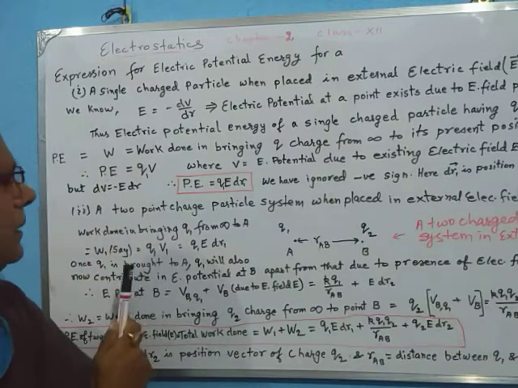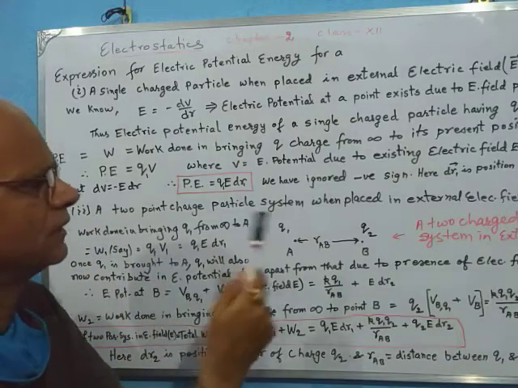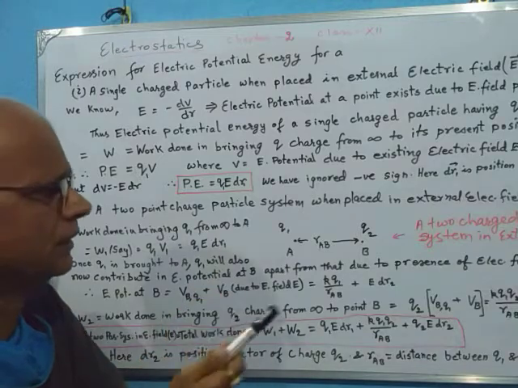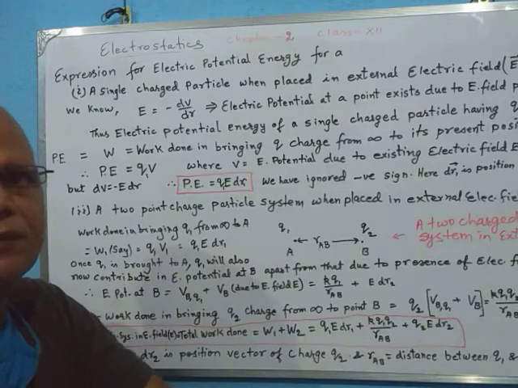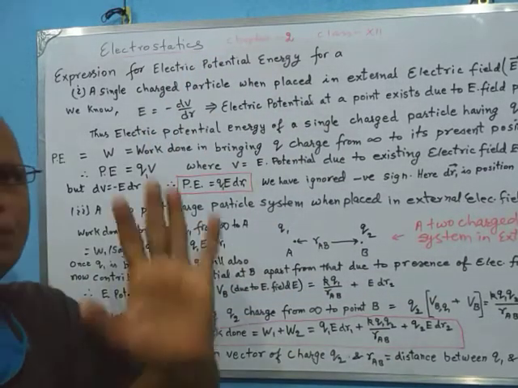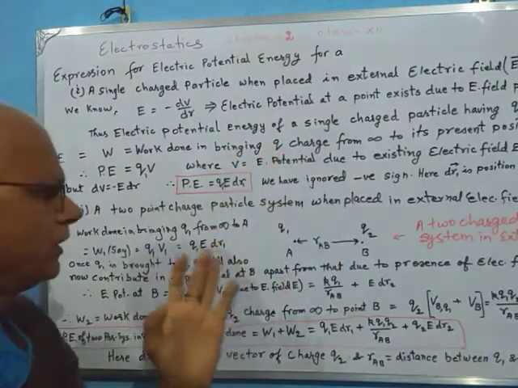And now we consider a two charge particle system when it is placed in external electric field. What happens when you bring the first charge particle from infinity to its location?